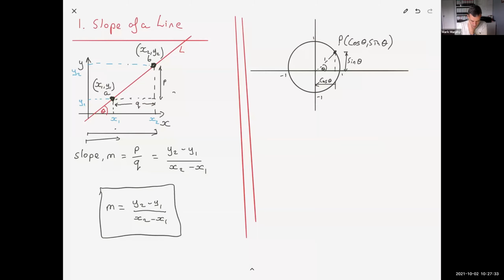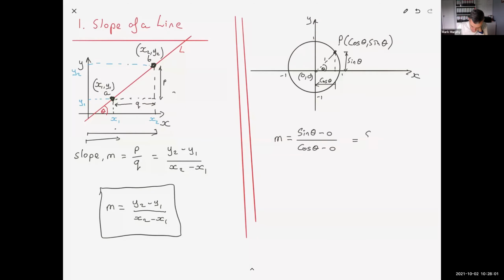So again, let's use this formula down here. We say that the slope m is equal to y2 minus y1 over x2 minus x1, and this is 0, 0 here. We want the slope of this line that makes an angle with the x-axis. I write down the x-axis and the y-axis. So y2 in this case is sine theta, minus y1, which is 0, all over cosine theta minus 0.